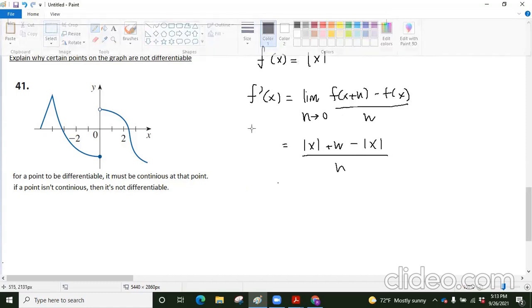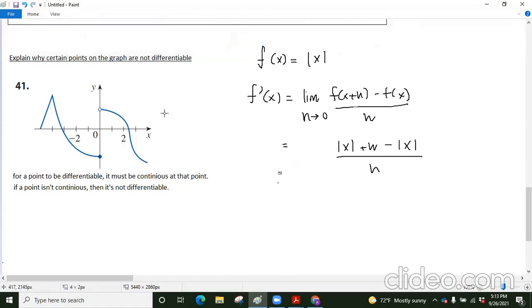And of course, we're still taking a limit here, the limit as h approaches 0. Now x and minus x would cancel out, and we're just left with h over h, which is an indeterminate, 0 over 0, which does not exist.